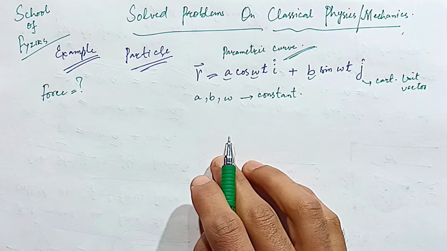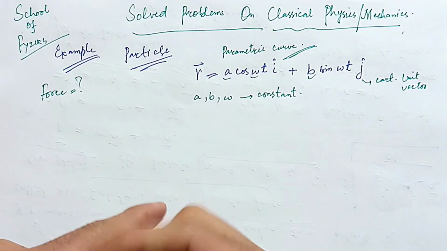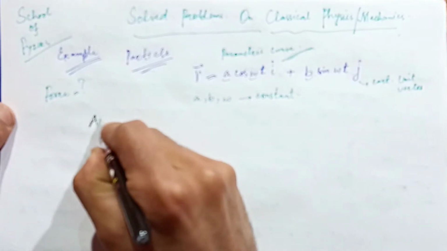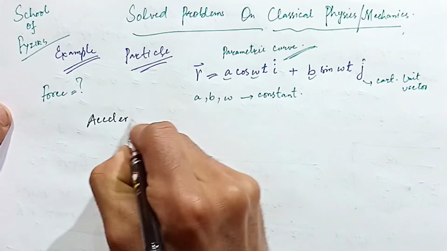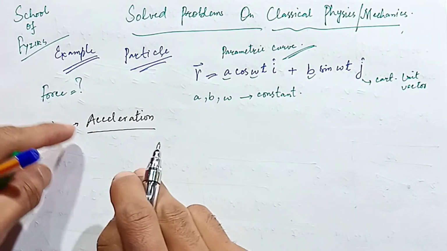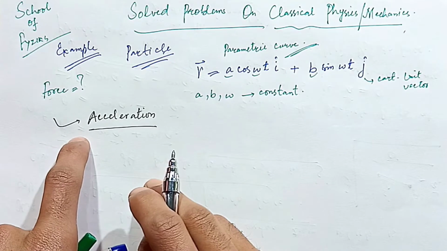First of all, we will get the force by applying the second law of motion, but for that we have to calculate the acceleration, because then upon applying the second law of motion we can deduce the force acting onto this body.